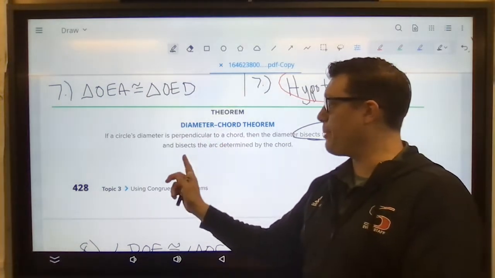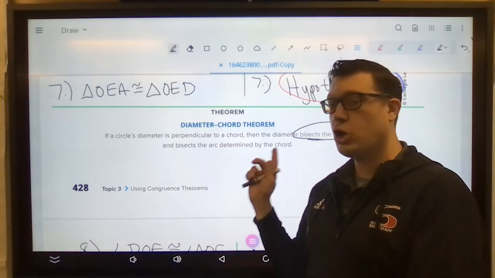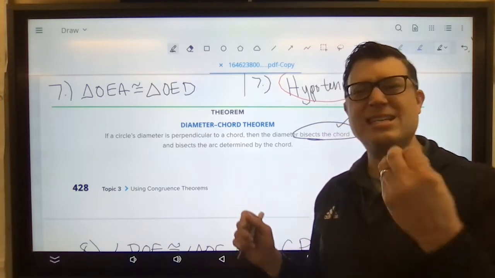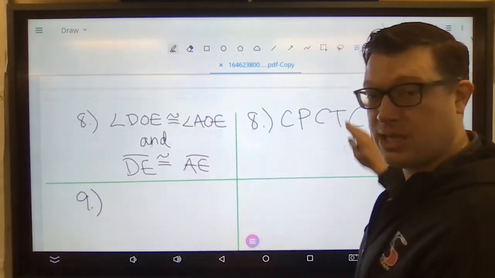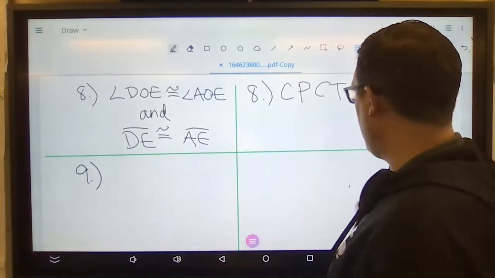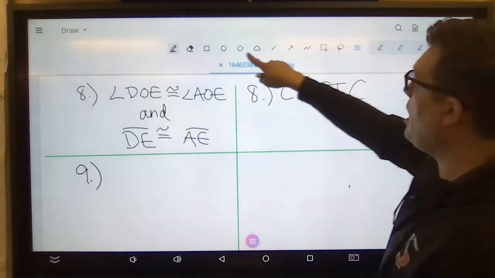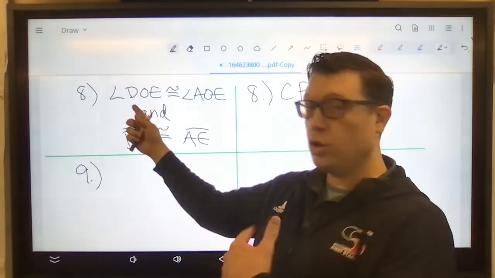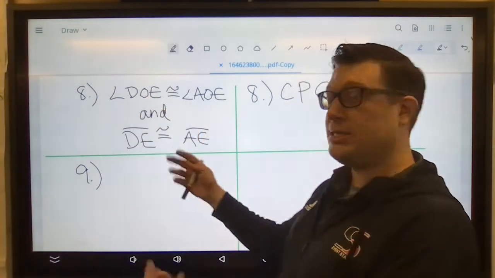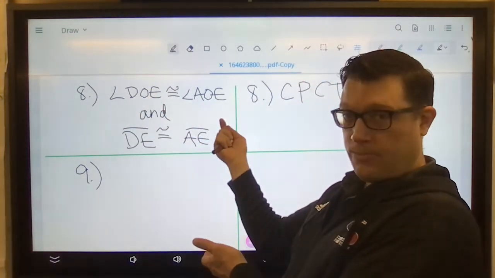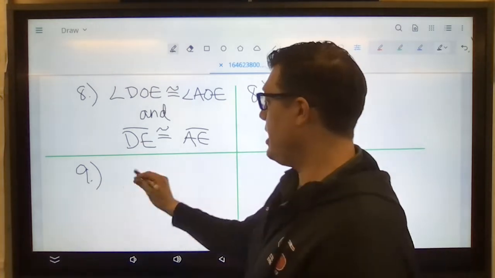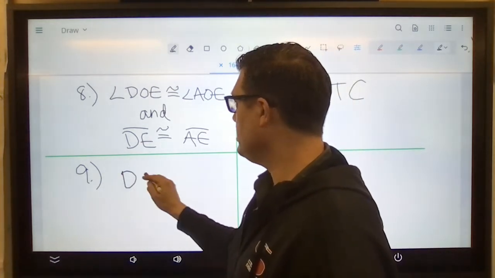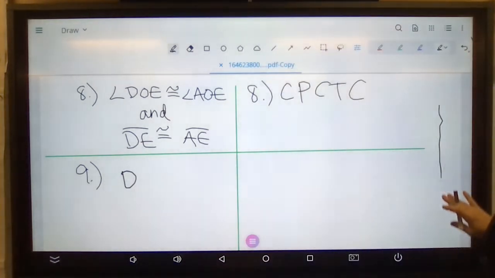And then the diameter bisects the arc determined by the chord. So we have to get to that point right here. So that's what my step 9 is going to be. My step 9 is going to be that if angle DOE is the same as angle AOE, then that means that arc D, I need to get the arc measurement.